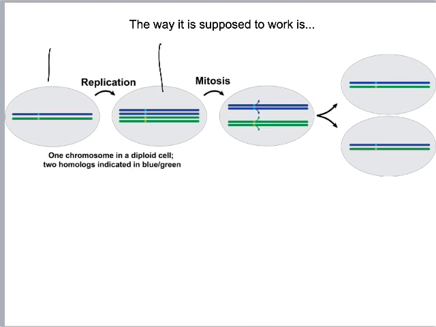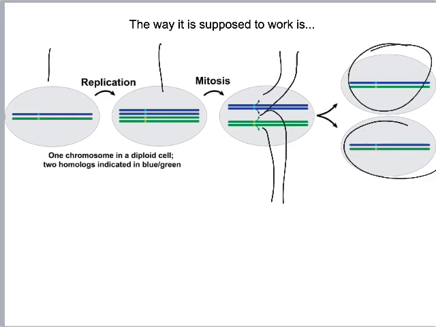What I'm supposed to do at mitosis is take one copy of the paternal chromosome and send it off in one direction, and send the other one off in another direction. I'm supposed to take one copy of the maternal chromosome and send it off the other way, so that the 2 daughter cells each get one copy of the maternal and the paternal, and I end up with 2 diploid cells that each have one copy of the maternal and the paternal. So that's the way it's supposed to go.